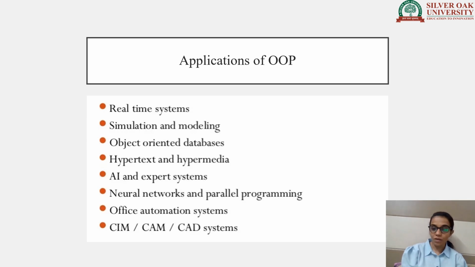Also AI, the most demanding thing in the world right now, depends on the concept of object-oriented programming. Neural networks and parallel programming, office automation systems, and CIM, CAM and CAD systems are also real world examples. There are many more examples, but these are the basic ones. Our whole real world relies on object oriented programming, and that's how it is helpful to us. Let's see more about it.